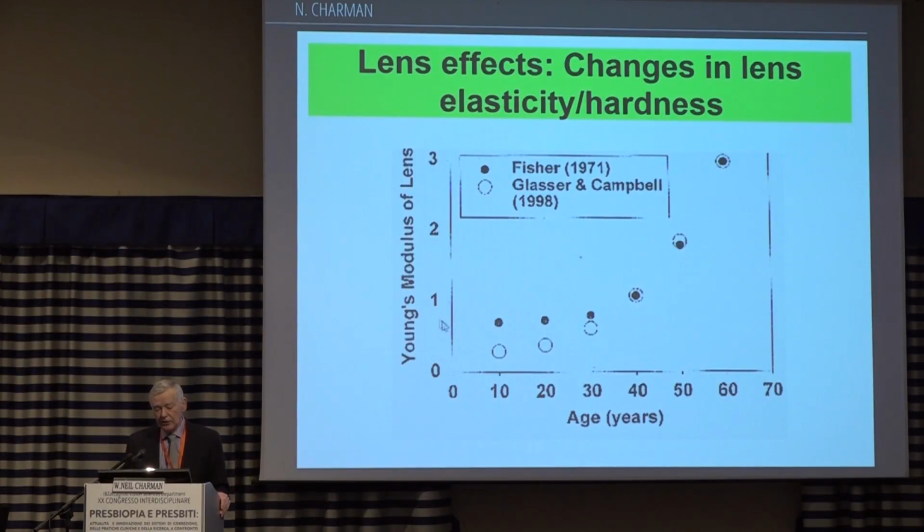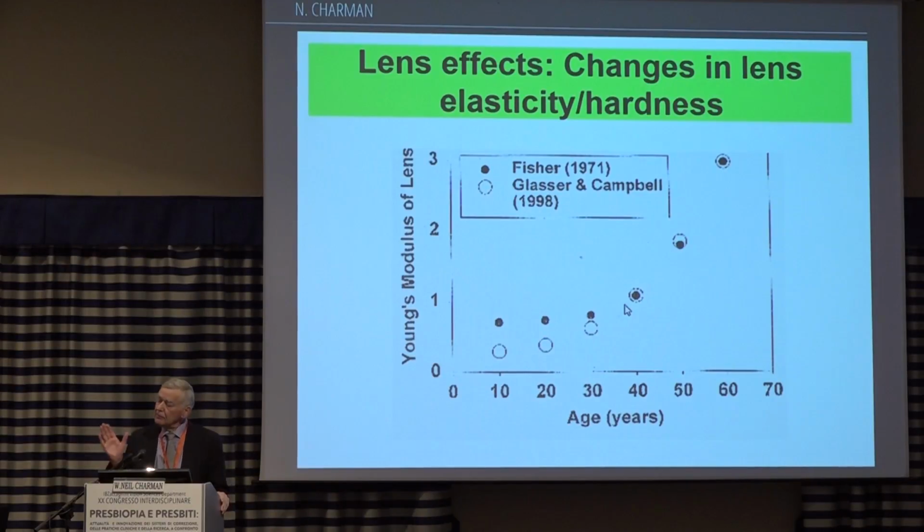What they show is Young's modulus, which is really saying how easy it is to distort the lens through the pull of these zonular forces. Well, obviously, for quite a long time, through the 10s, 20s, 30s, 40s, there's very little change. And curiously, at the age of 40, it becomes much more resistant. You've got to drag much more strongly to deform the lens.